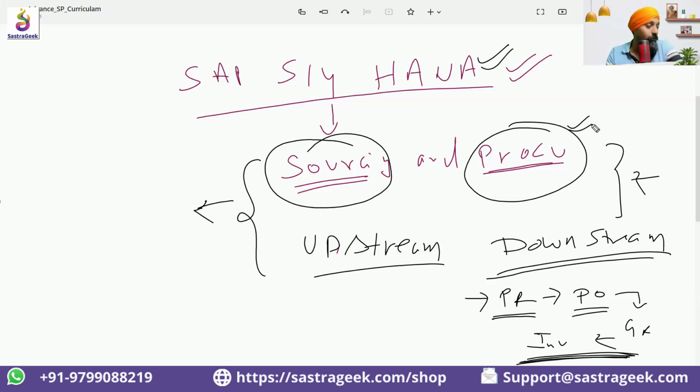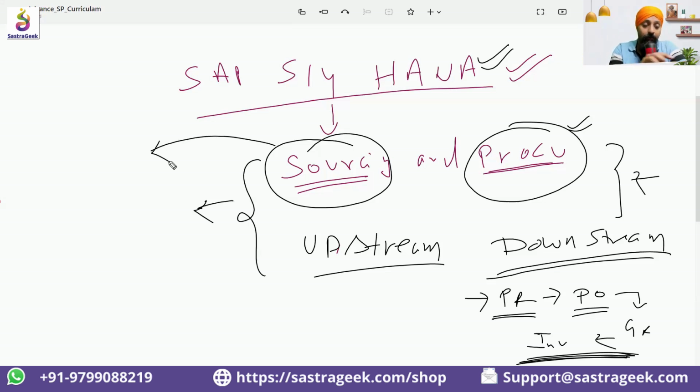If this is procurement, then what is sourcing? What does sourcing do? Let's say I want to buy, but from whom do I want to buy? Who would be my vendor? Who would be my supplier?